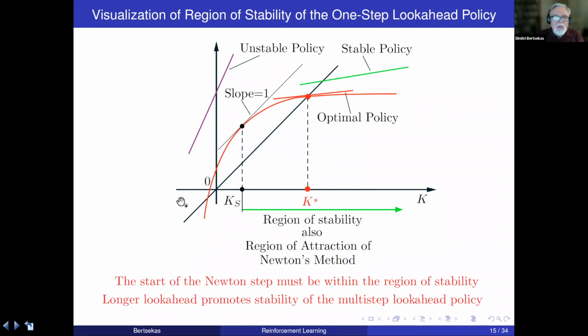And there's a corresponding conceptual extension to the more general problem. So this is the issue of stability and the issue of choosing properly the cost function approximation K tilde.